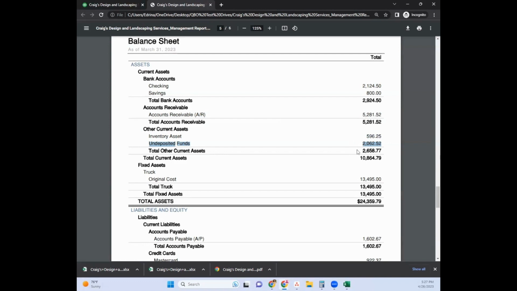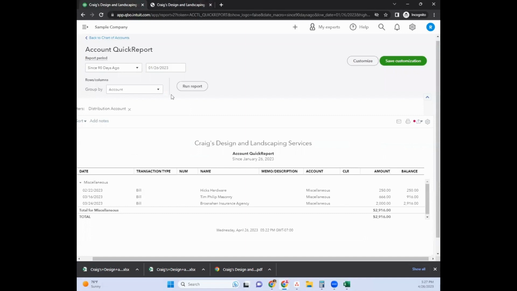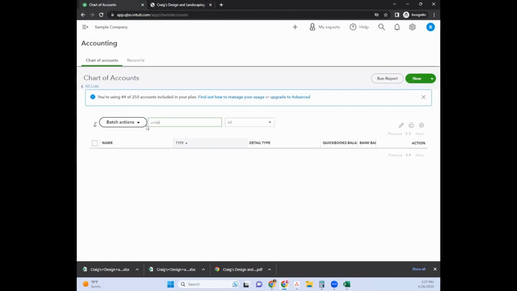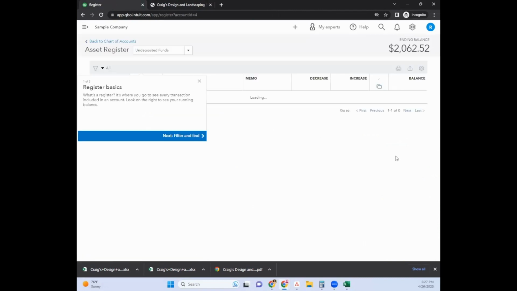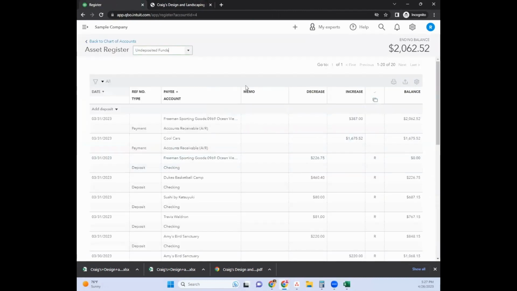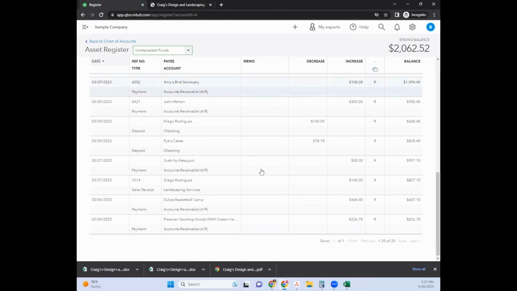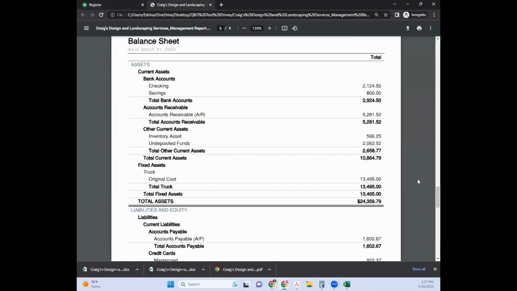And then when it's released into your bank account, then this would be reduced. So this is something that you would definitely need to look into. Again, you can look at the report from the chart of accounts as well. So if we just type in undeposited funds, we can see what exactly is happening. Okay, so these are the invoices that he's sending out and then checks that are coming in. So that's the holding account that he has there.